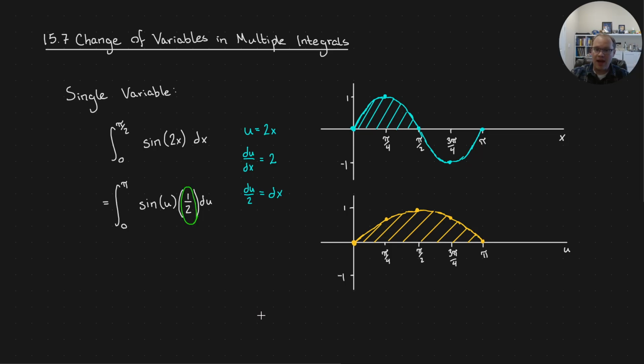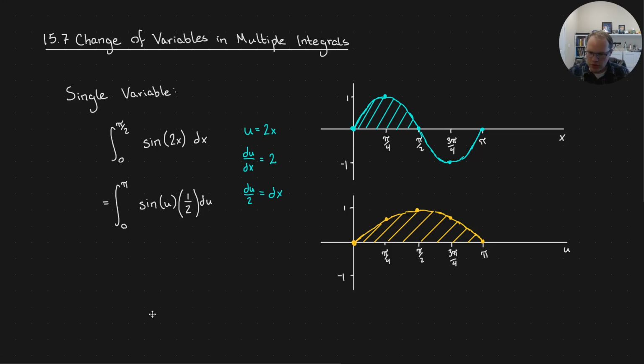That factor of 1/2 corrects for the transformation, for any stretching or compressing that happens. We're going to need to do something similar in the multivariable case. We're going to need to correct for any stretching or compressing that happens when we change variables.